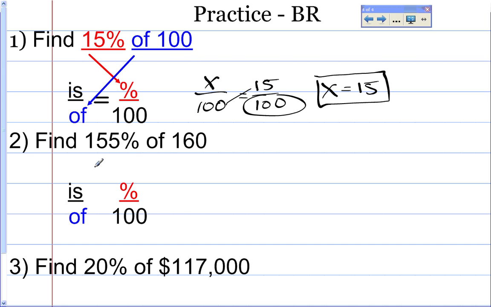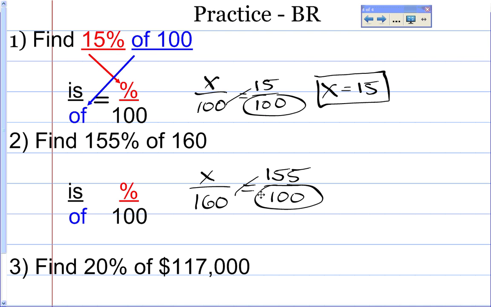Number 2, 155% of 160. So we have x over 160 equals 155 over 100. Multiply and divide. And I have to get out my calculator and find out what this is, because I can't do that in my head. So 155 times 160 divided by 100, and my calculator says 248.